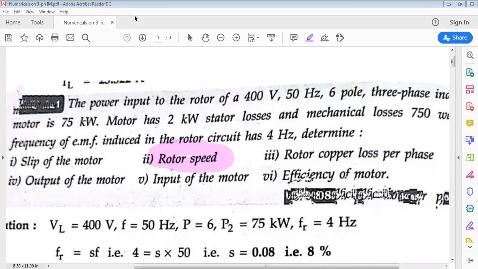Post both answers, NS and N. Those who have finished with NS and N, calculate the rest of the parameters. Try to solve on your own.